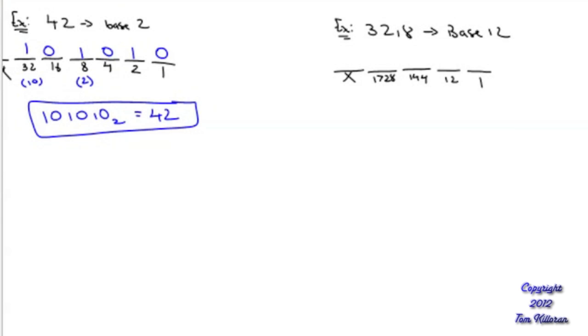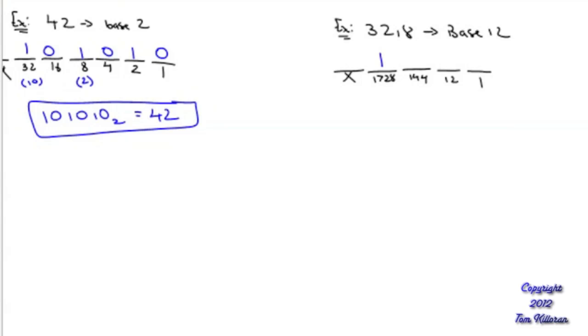Then you take your calculator and you do your magic. 3,218 divided by 1728 equals 1 time. So on top you put 1.